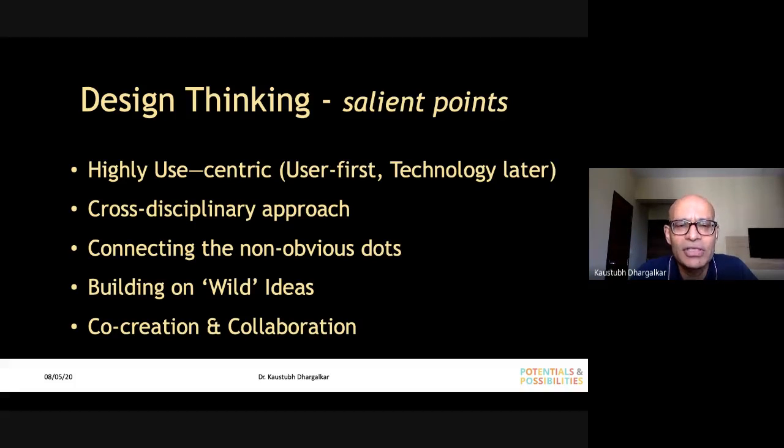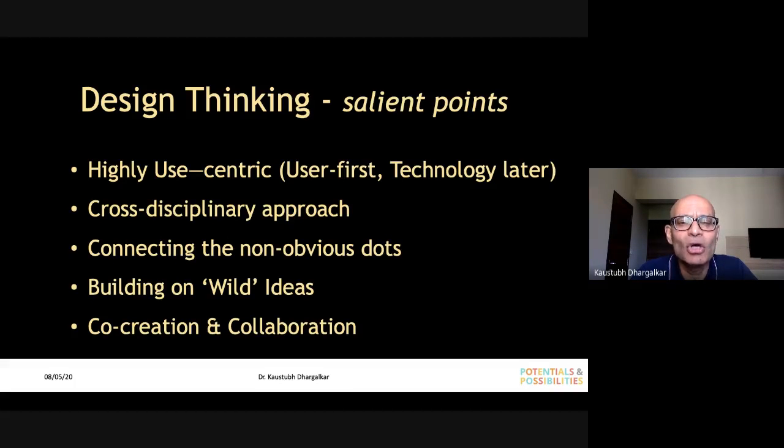It's that kind of a problem-solving approach. So it's highly user-centric. It is cross-disciplinary. That means it draws from multiple disciplines. It looks at solutions to similar problems which have been solved otherwise and tries to connect the dots. So connecting the non-obvious dots helps build on wild ideas. No idea is stupid to begin with. That's one of the tenets in this problem-solving approach.